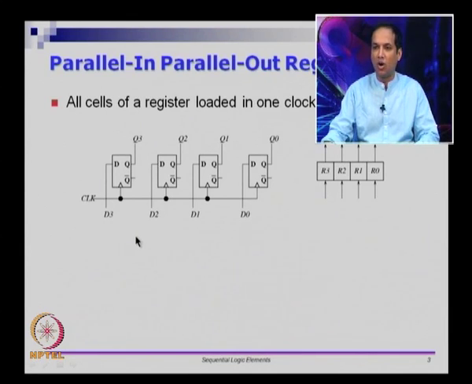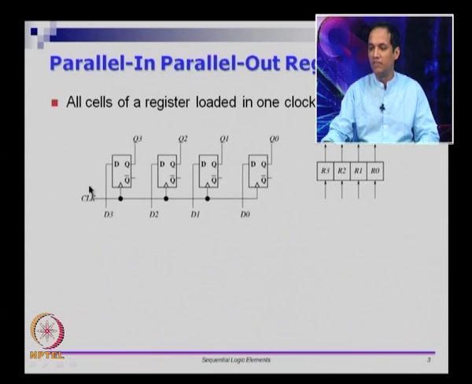You can see that all the data inputs are coming in parallel at the same time, and all the flip-flop outputs can be read simultaneously. All these bits Q3, Q2, Q1, Q0 can be observed simultaneously. So this is called a parallel in, parallel out register. Many times we will just call this a register itself.